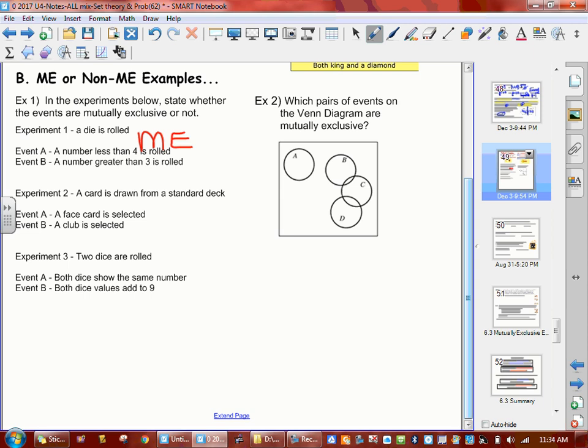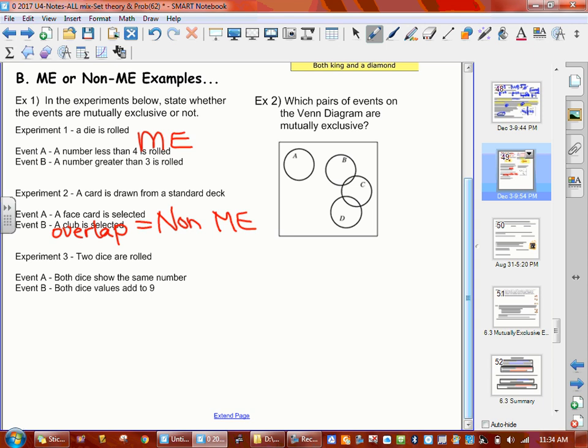Okay? Let's look at the next one. You're going to draw cards from the deck again, and you're going to draw a face card, you're going to draw a club. Do those have anything in common? Yeah, there's 3 club face cards: Jack, Queen, King. So there's an overlap here. Wherever there's an overlap means it's non-mutually exclusive.